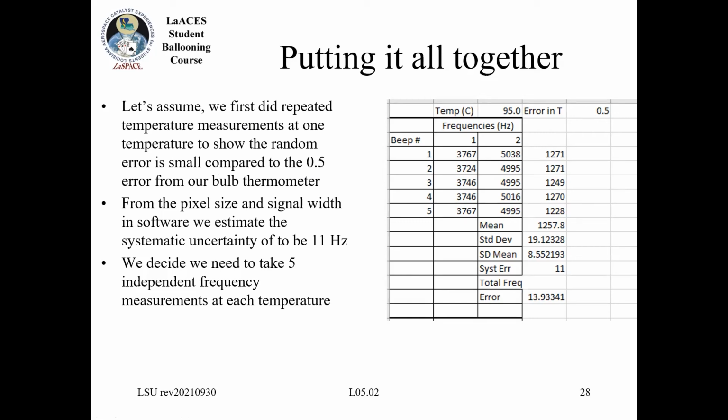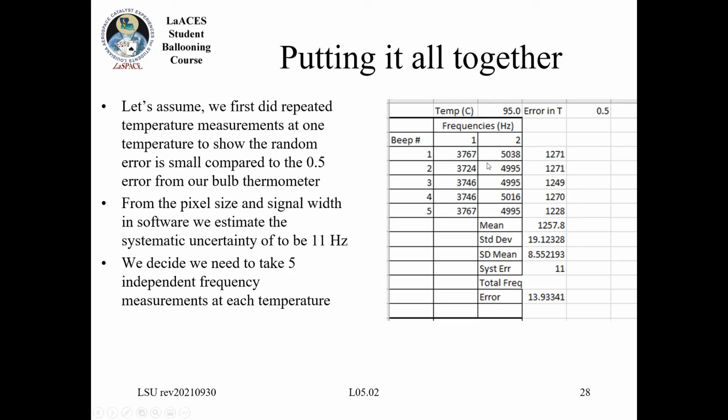I'm assuming the total error on the temperature is 0.5 from the resolution of the bulb. Now if I measure the frequency, I've taken 5 frequency measurements, and based on the software I was using, the width of the peaks in the software and the size of the pixels, I estimate each one of those peaks for the harmonics is about 11 hertz.